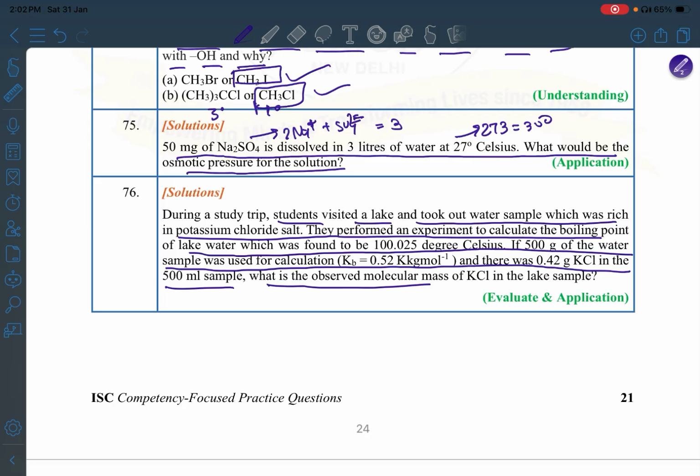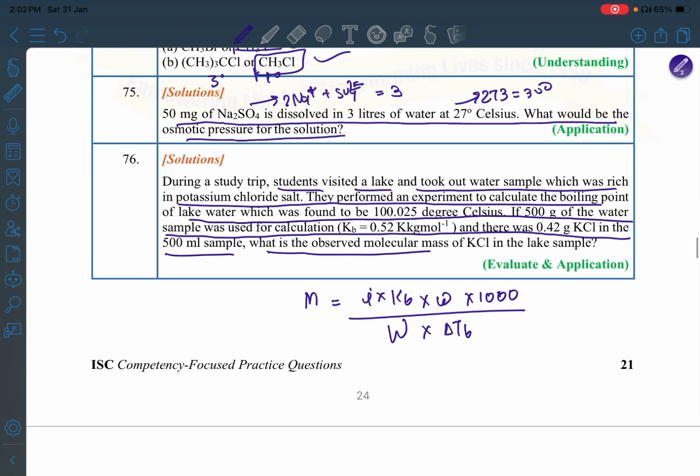Okay, so the formula for observed molecular mass, m is equal to i multiply by Kb multiply by weight of solute multiply by 1000 upon weight of solvent multiply by delta Tb. Okay, so i is equal to 2 because it is KCl, Kb is given as 0.52, weight of the solute is, sorry, 0.42 gram.